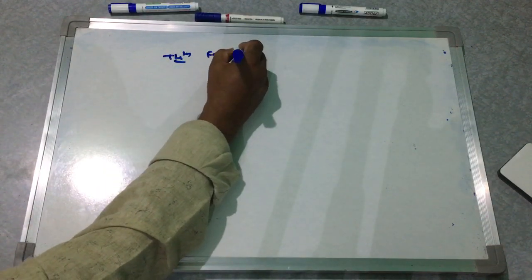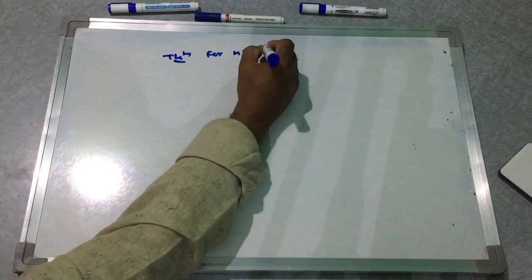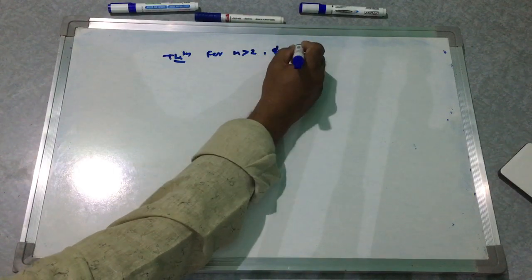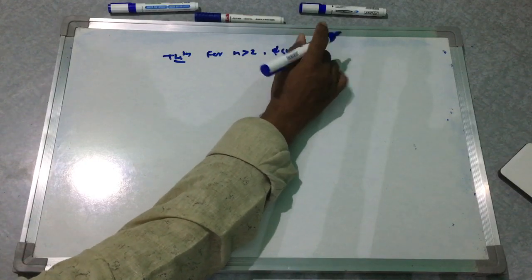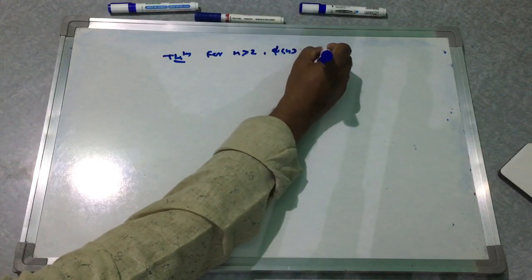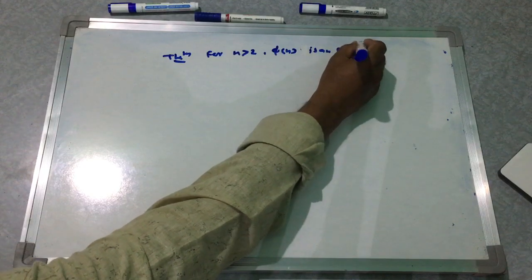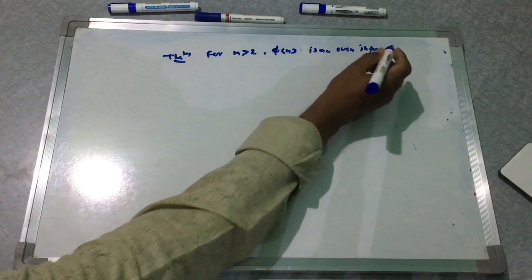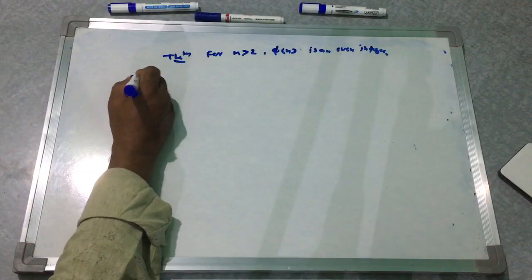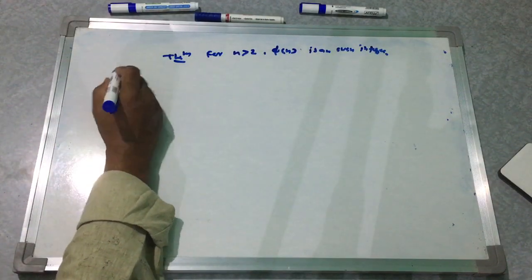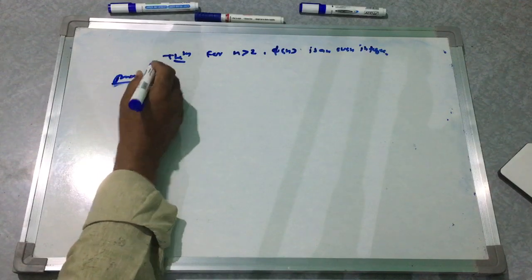For n greater than 2, phi of n is an even integer. So phi of n is an even integer. So the solution for this, or the proof: number 1.